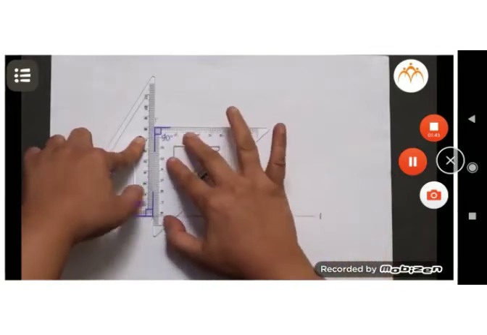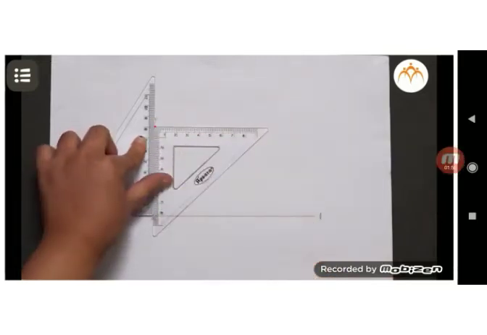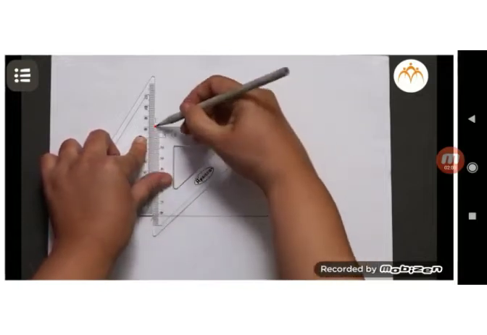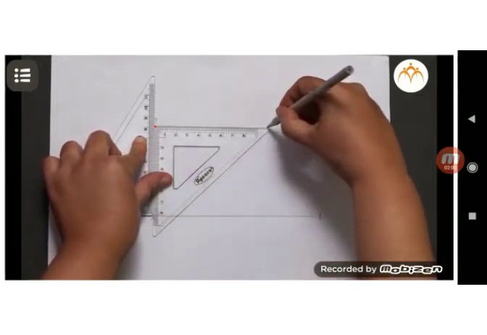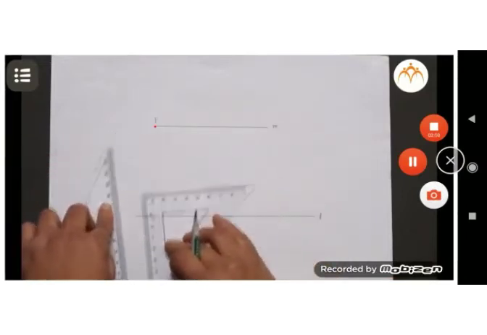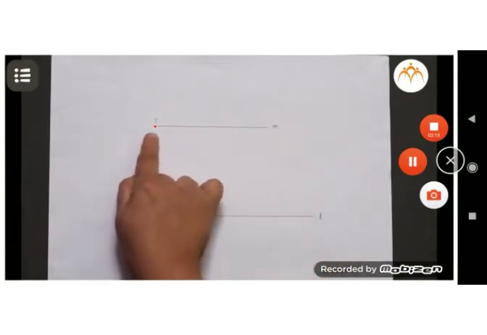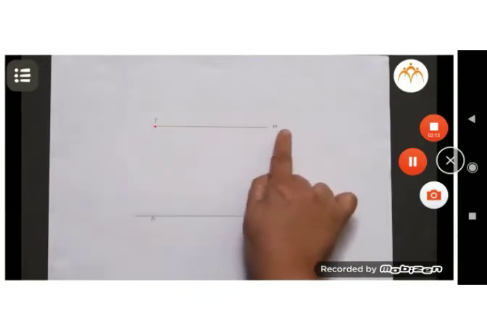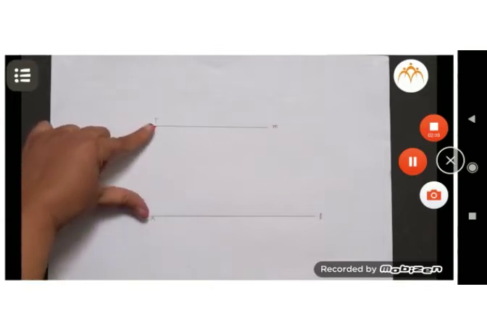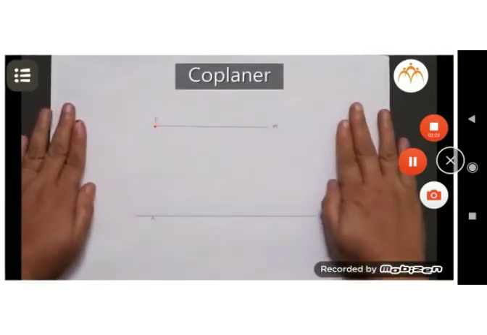You can see that these two perpendicular edges are now touching each other. Set square is tight in the position and then we draw a line along this edge of the set square through point P. Let us name this line as line M. So, we have constructed a line M through an outside point P such that this line M is at a perpendicular distance PA from the given line L, and both the lines, line M and line L, are lying in the same plane.